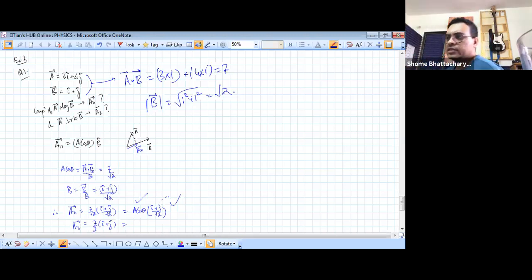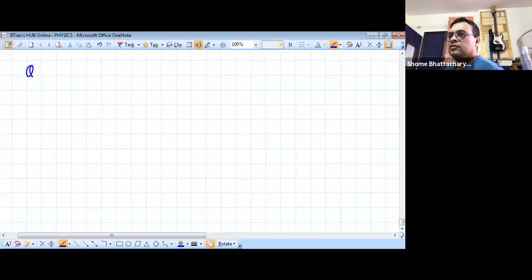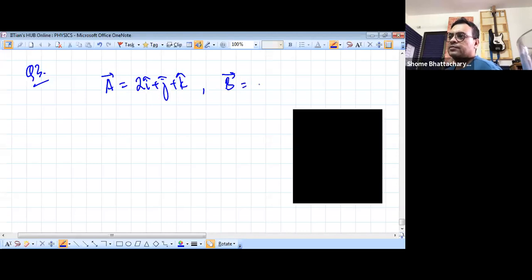So let me quickly discuss question 3. 3 is actually very similar to this, but it's easier. So what is given in question 3? I am given a vector A, and that is 2i cap plus j cap plus k cap, and a vector B is given, which is I plus j plus k.